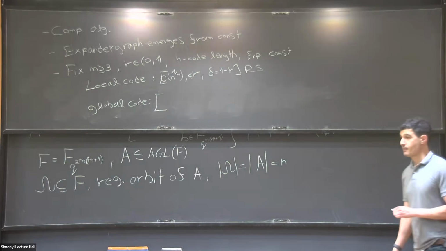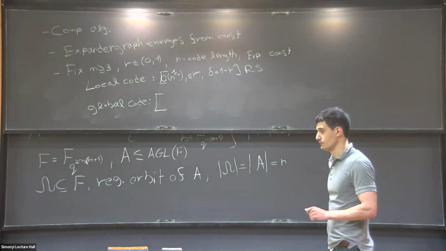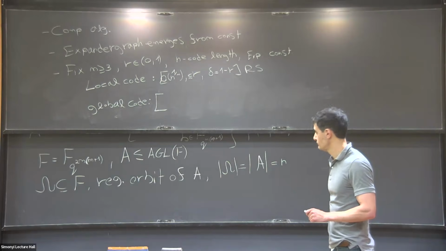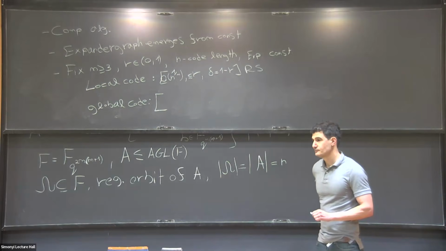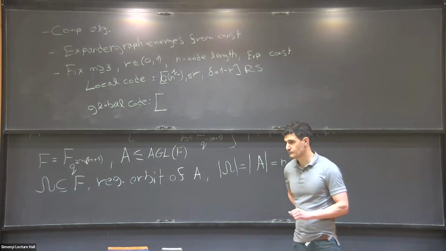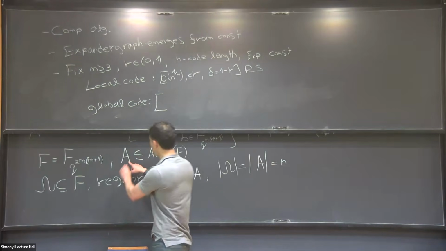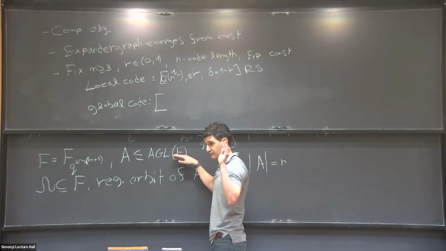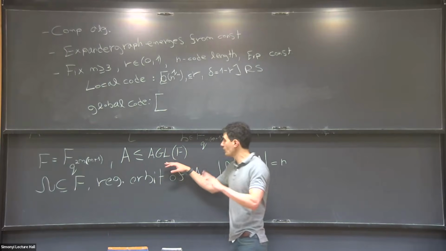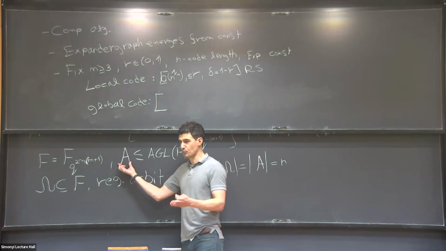Just to slow you down, what's the best way to think about it? You now think only of the field F, and you have some collection, like a subgroup A of affine transformations, which are defined by looking at scalars from some smaller subfield. A is just a subgroup. AGL is the group of affine transformations on the large field F. I defined a subgroup of this.